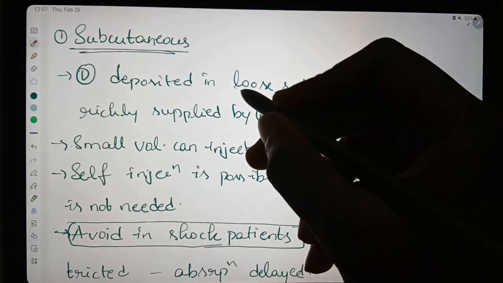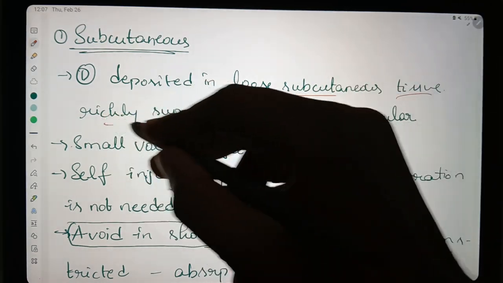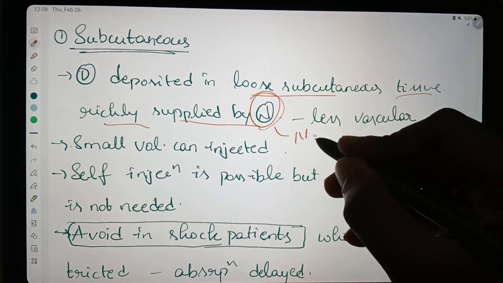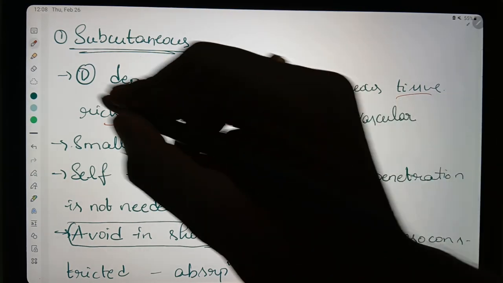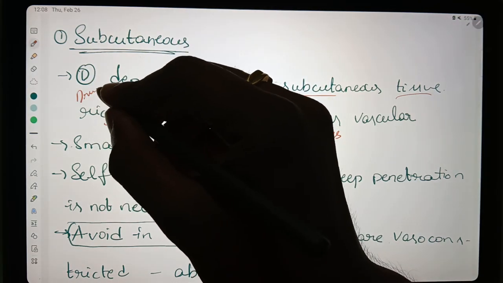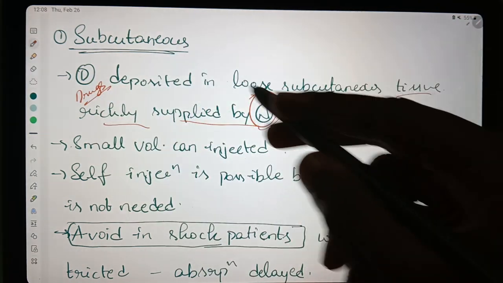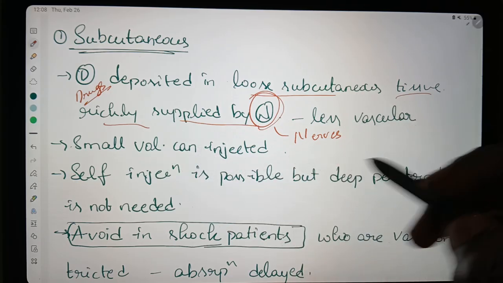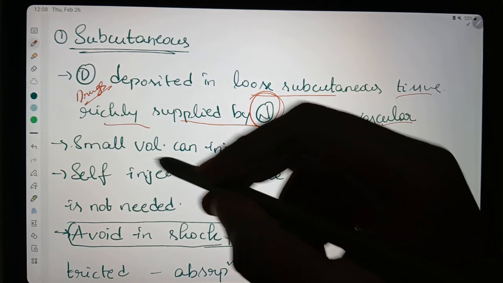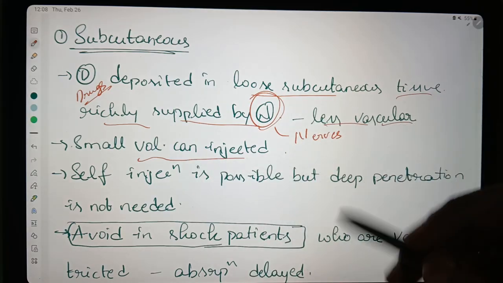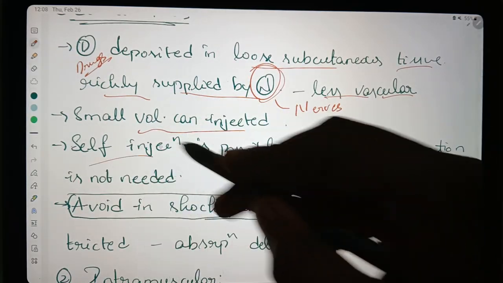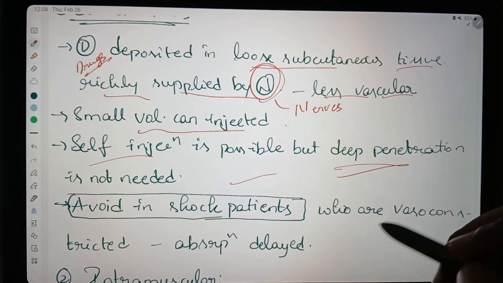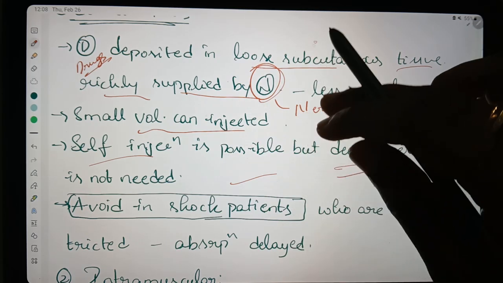Subcutaneous: drugs are deposited in loose subcutaneous tissue, richly supplied by nerves. These sites are less vascular and a small volume can be injected. Self-injection is possible, but there should not be deep penetration; deep penetration is not needed.